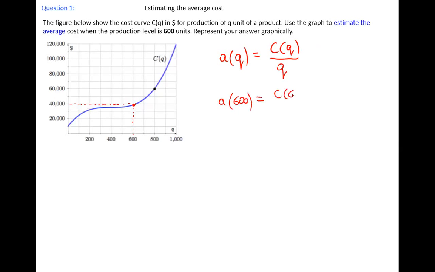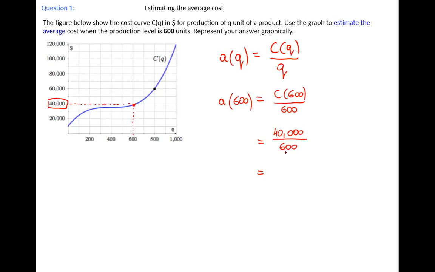That means the cost at 600, laptop is too far away, and divide by 600. And the cost at 600 units is 40,000 divided by 600. Okay? That's by definition the average cost when the production level is 600 units.